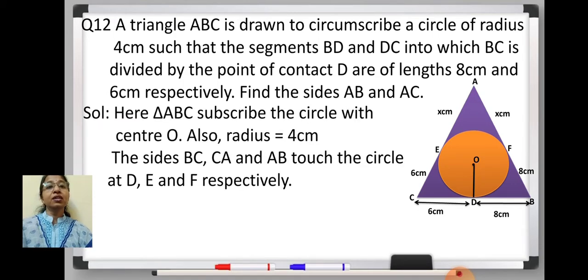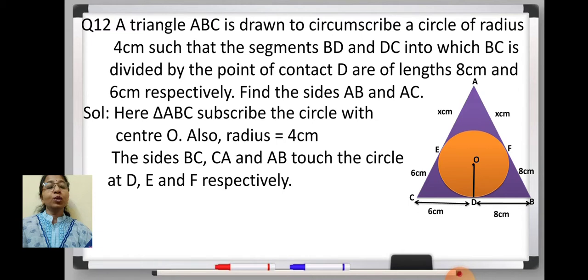So here triangle ABC circumscribes a circle with center O, also radius 4 cm. So what is the radius here in the diagram? OD length is nothing but the radius of the circle, which is given to be equal to 4 cm.